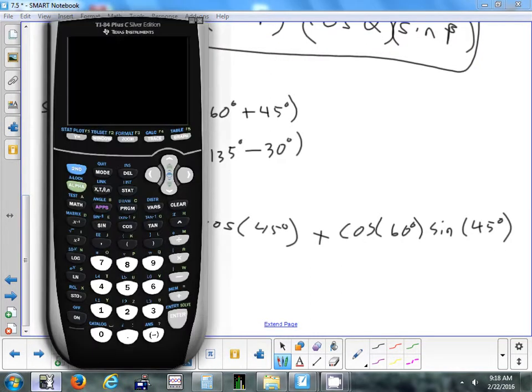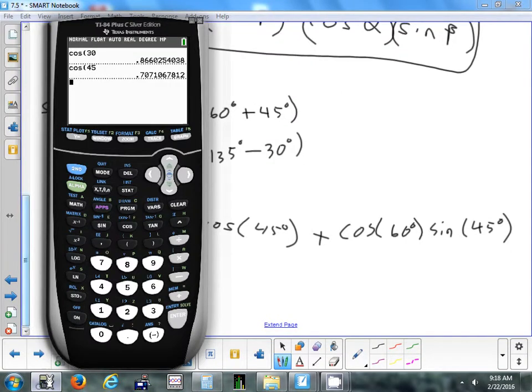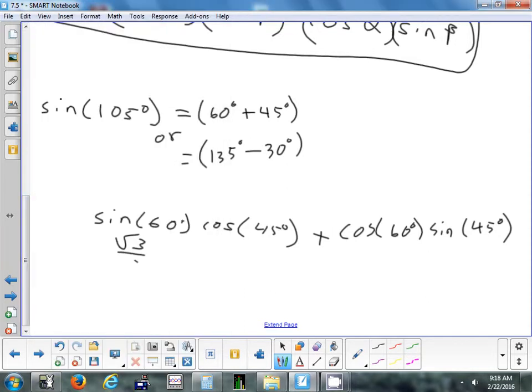Okay, and if you have all these memorized, you can just fly right through it. If not, you can look up the sine of 60. That's root 3 over 2. That's root 2 over 2. Cosine of 60 is a half. Sine of 45, root 2 over 2. So you see the square root of 6 comes up here, denominator of 4 comes up a lot.